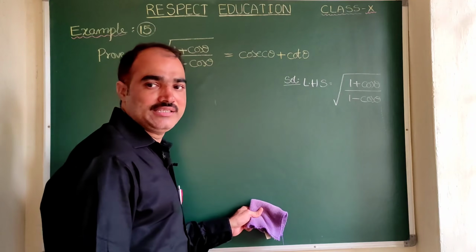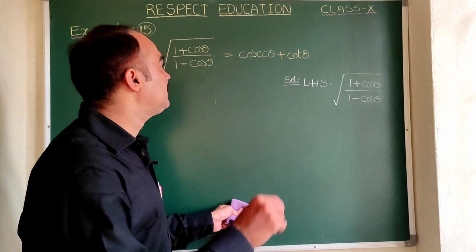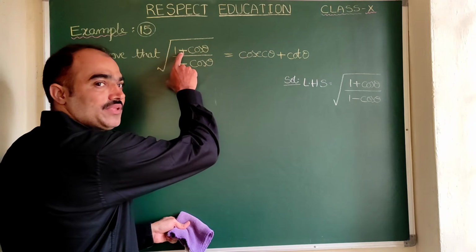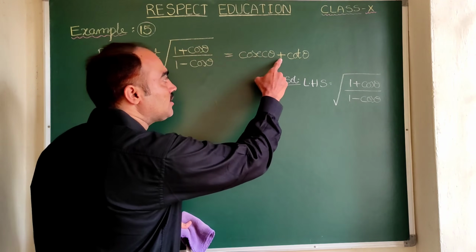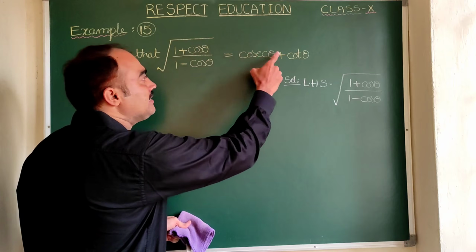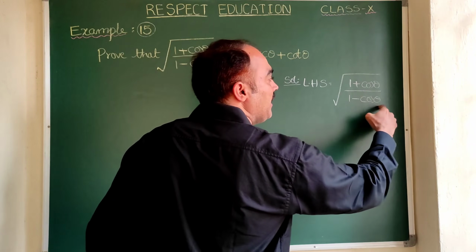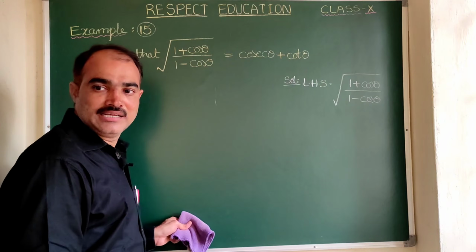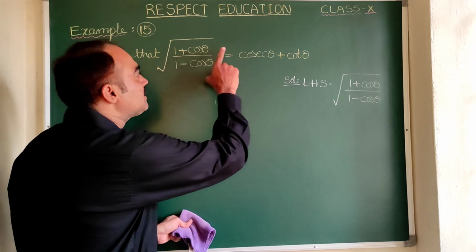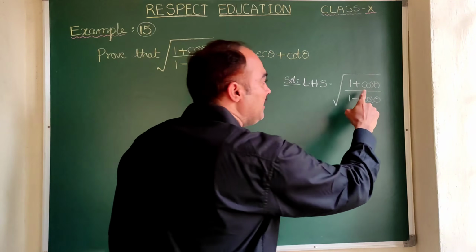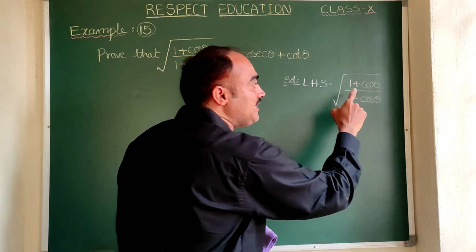For solving it I would like to tell you a small thing to keep in mind. What symbol is there here? Plus is there, and in the answer also. In this case we need to find the rationalizing factor for the denominator. Is it clear? If both the symbols match, here it is plus, then we need to find the rationalizing factor for the denominator.